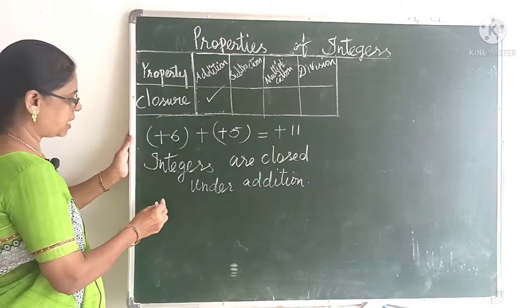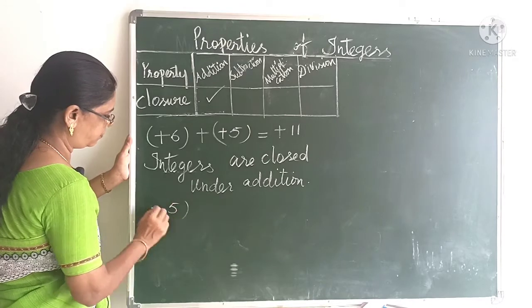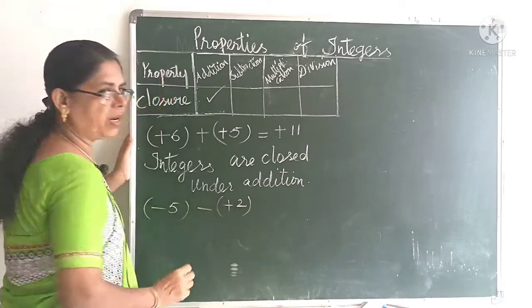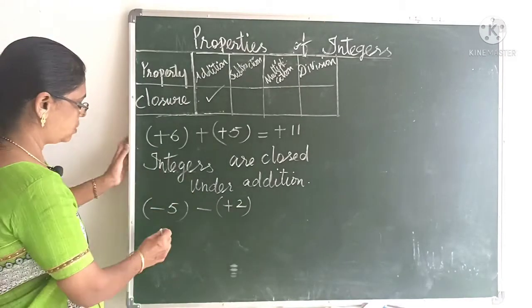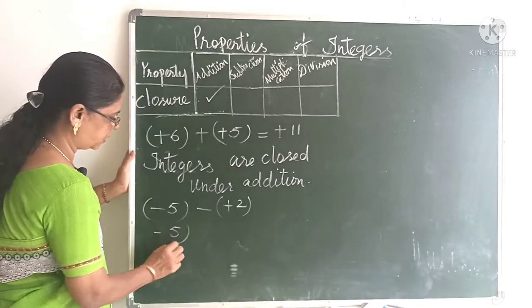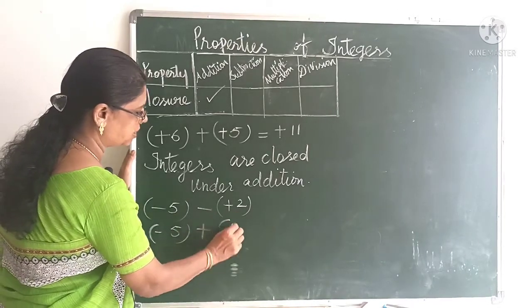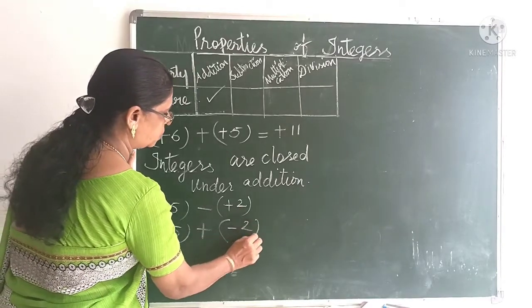Now let us subtract two integers. Minus 5 minus plus 2. You have already learned subtraction of integers. So minus 5, copy down the first integer as it is, change minus sign into plus sign and write the opposite of plus 2, it is minus 2.